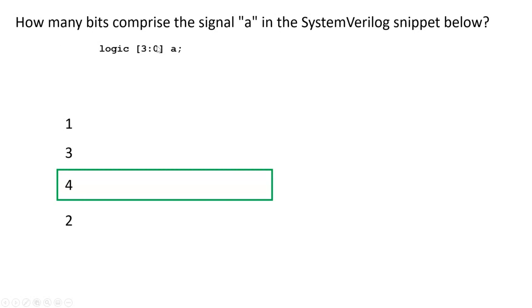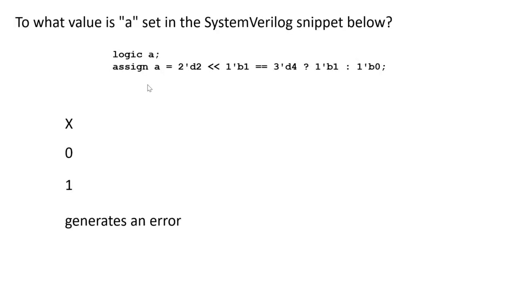Well, it's 3 down to 0. It includes bits 3, 2, 1, and 0. There are 4 total bits. I don't know why they use this needlessly misleading syntax, but you have to get used to that. This is 4 bits. So every time you have an n-bit signal, you declare it as n-1 down to 0, or n-1 colon 0.